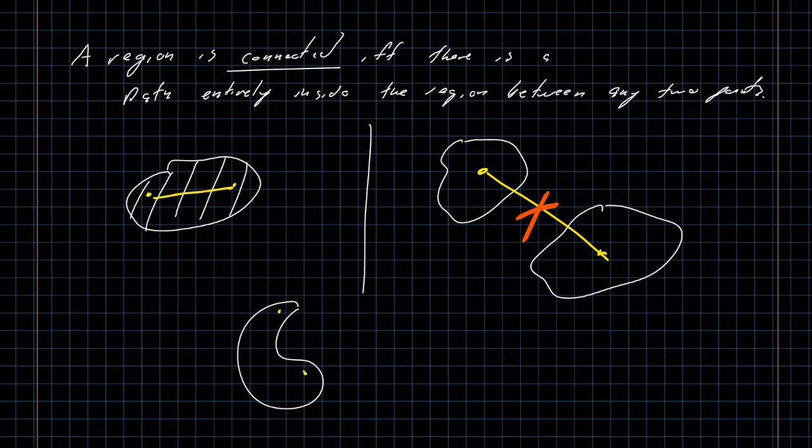Consider this one where the most obvious path leaves the region, but there is a longer path that stays within the region. So that's still a connected region. Once again, visually, these make a lot of sense, and worrying about the definition can be more cumbersome than helpful.